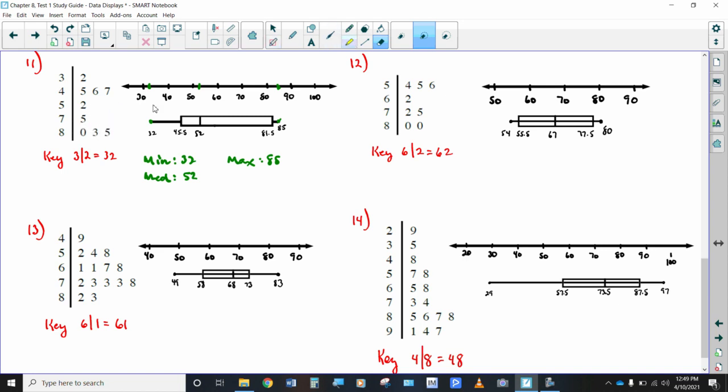Right, so now that we've got that taken care of, now let's find our quartiles. 52 is our median. So the lower quartile is going to be the number that is the median of the lower half. And since you've got 2 numbers in here for the median, the 45 and the 46, we'll find the halfway point between them, and that's going to give you the first quartile, 45.5. We'll do the same thing for the upper quartile, find the halfway point.